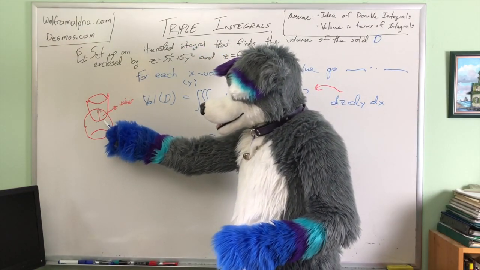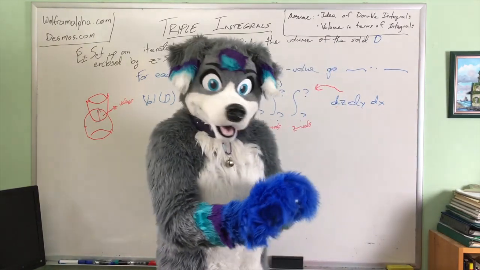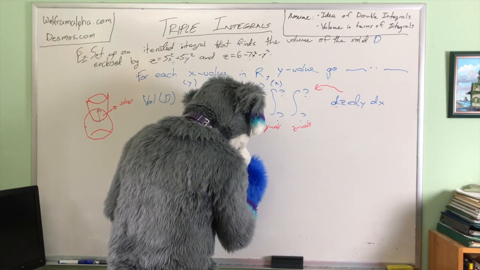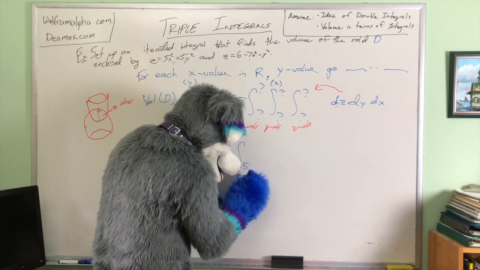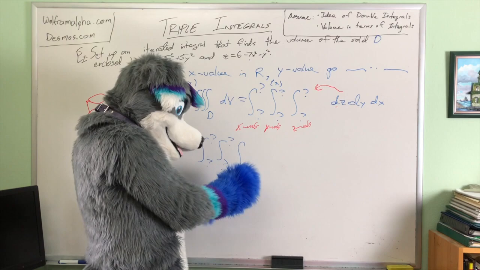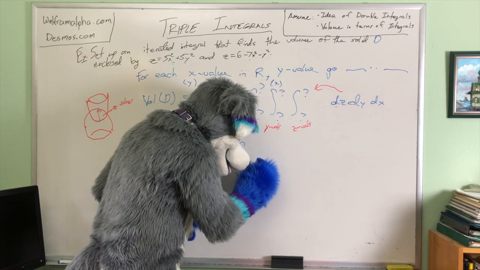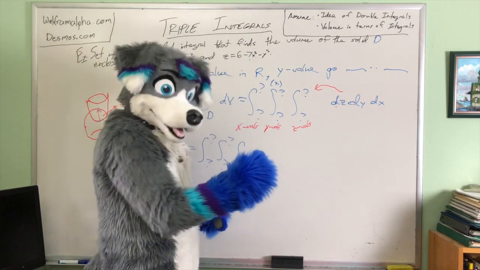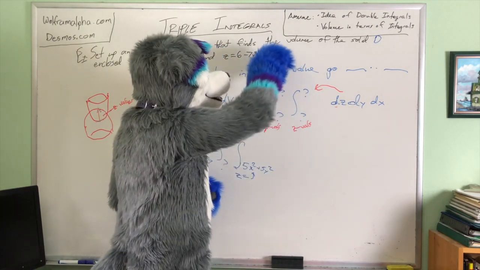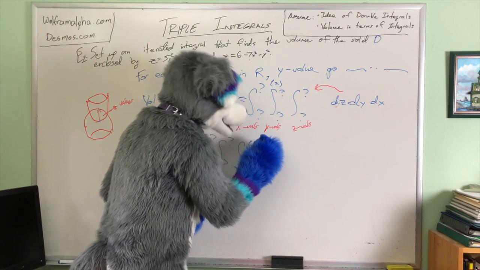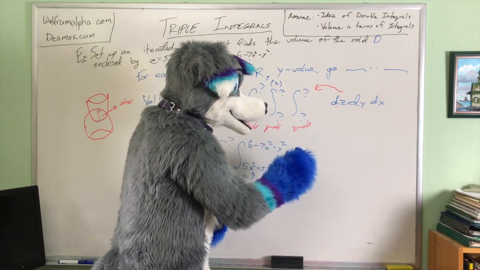For my lower limit of integration, I'm going to write 5. Remember, this is z value, so this is z equals. It can be really useful to write z equals to remind you. So z equals 5x squared plus 5y squared, up to the top here, which is 6 minus 7x squared minus y squared. And then we have the dz, dy, dx.